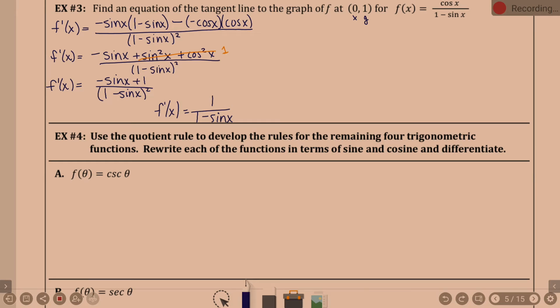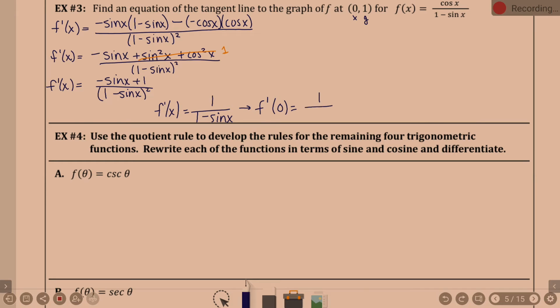What am I supposed to be finding? I need my slope to get to my equation. I don't have slope, I just have my derivative. That's the slope of the tangent line. I have the derivative, which is the slope of the tangent line, so plug what in? You plug in x, y technically. In this case, all we need is the x.